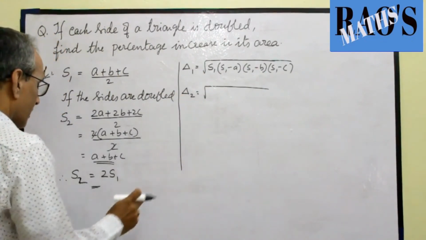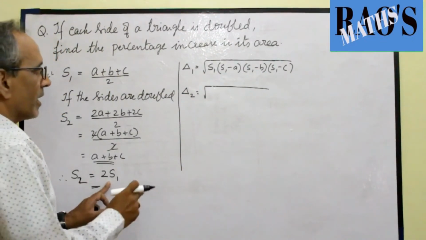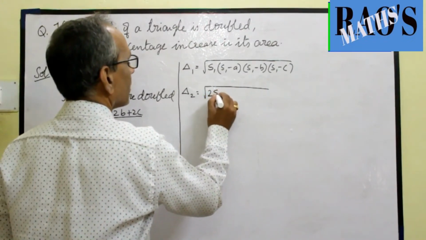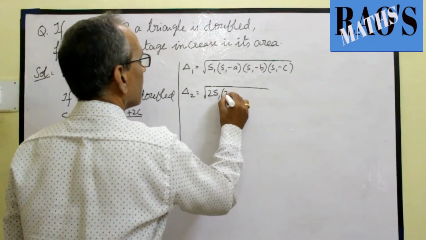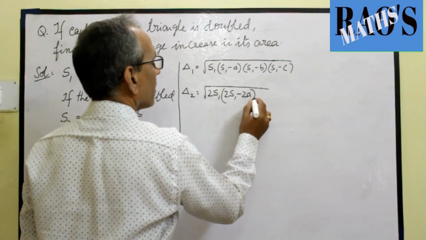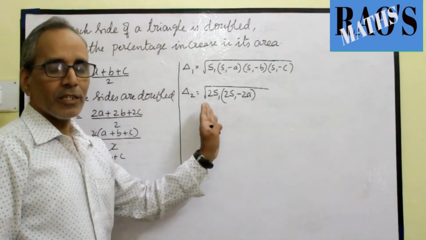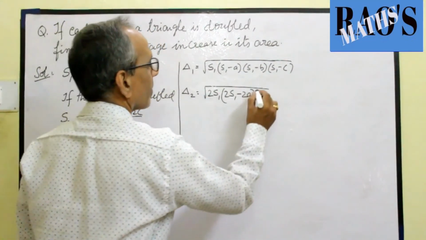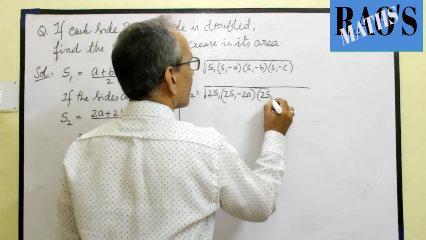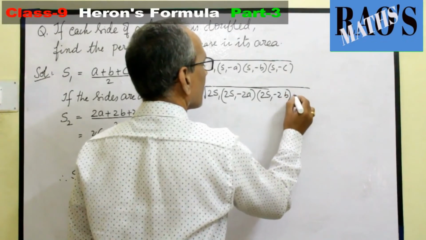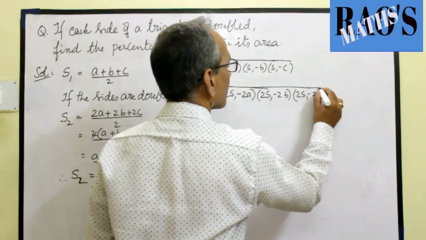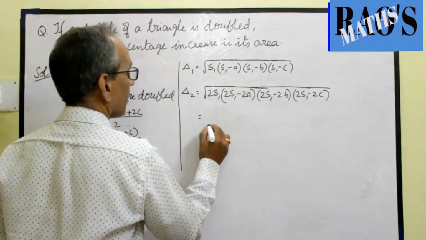What is the semi-perimeter of the second triangle? 2S1. I write 2S1, not A plus B plus C. So root of 2S1 (2S1 minus 2A), since the sides are doubled, 2A is the new dimension of the new triangle, (2S1 minus 2B)(2S1 minus 2C).